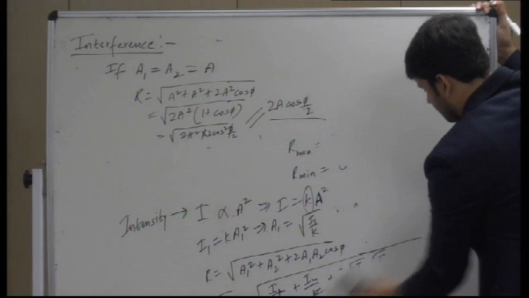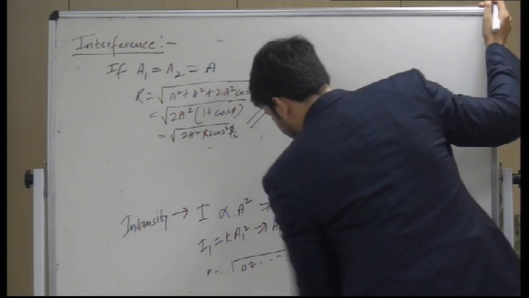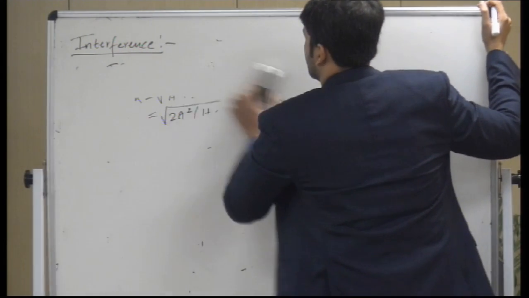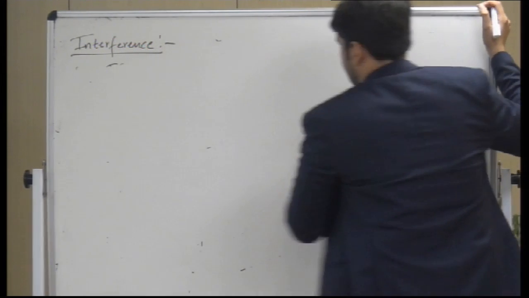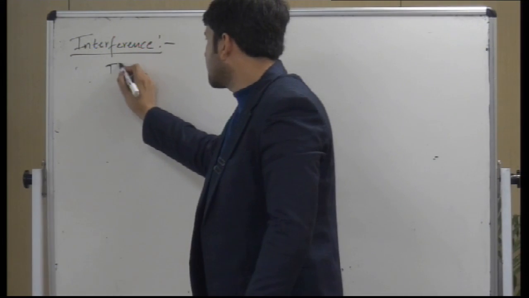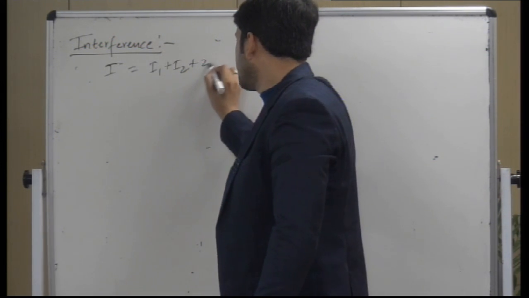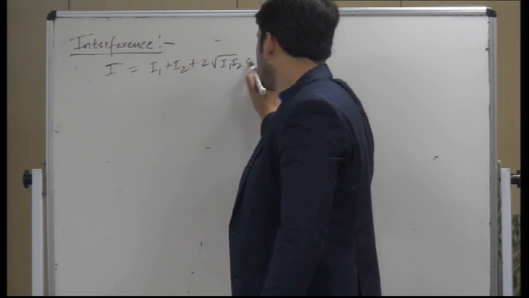One more thing I missed actually, sorry. I'll write here. The intensity was this one, right? I1 plus I2 plus 2 root I1 I2 cos phi.